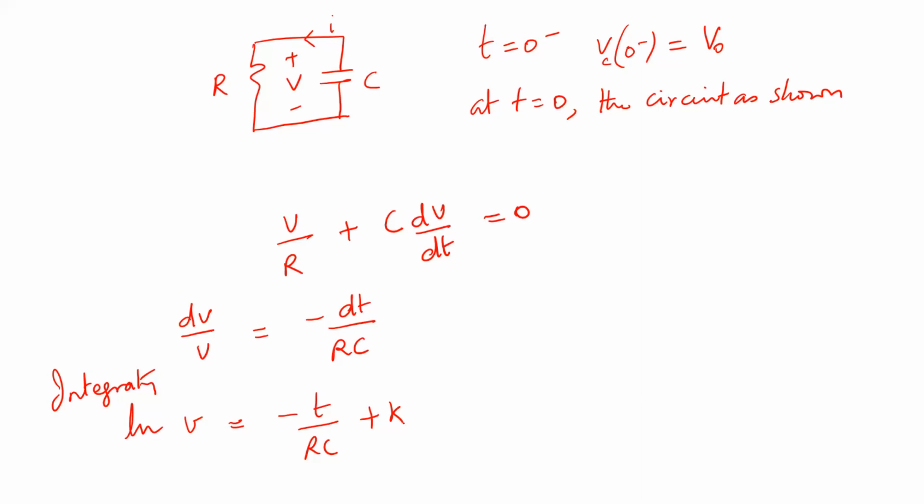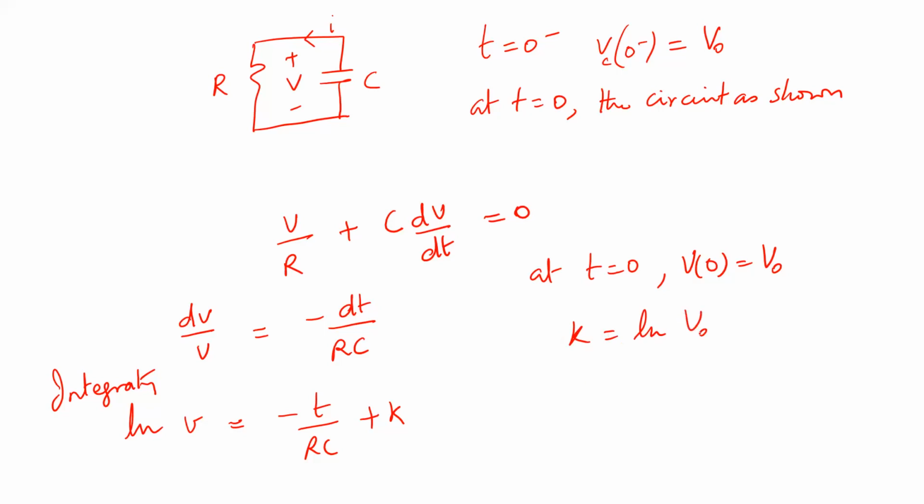We will substitute the initial condition at t equal to 0 minus or 0 plus; for a capacitor it really doesn't make any difference. V of 0 is V naught. If we substitute that, k becomes natural logarithm of V naught.